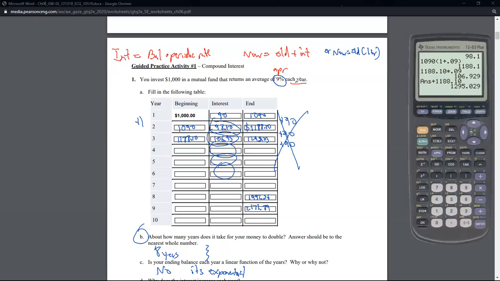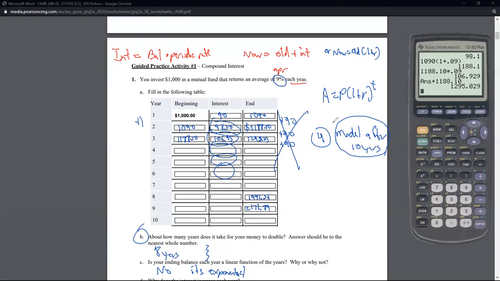And then the last question they ask, which you can't see on the screen, but number 4, is to write a model or an equation for after 10 years. What this relates to is that equation I gave you last time, that A is equal to P times (1 plus r) raised to the t. That was the formula we developed so that we didn't have to go year by year.